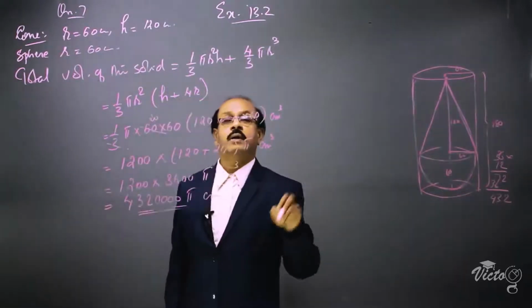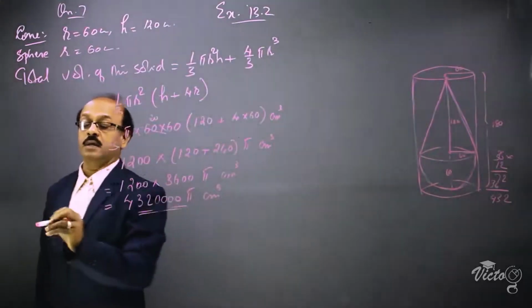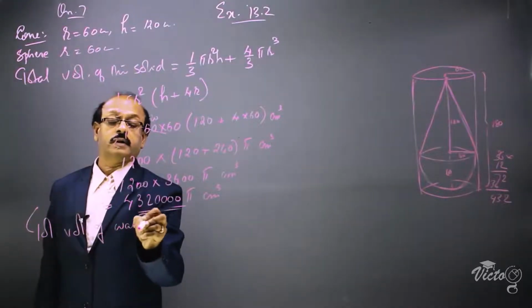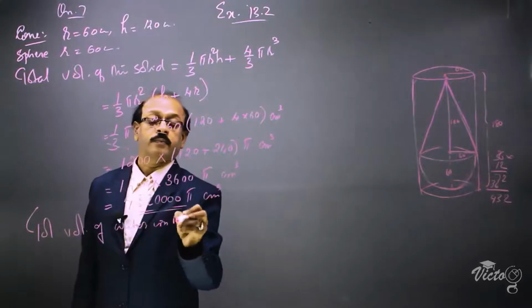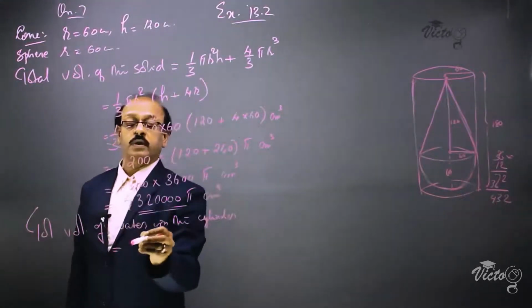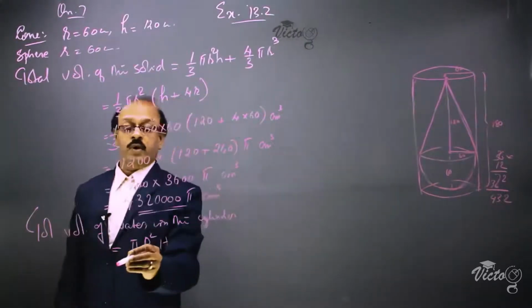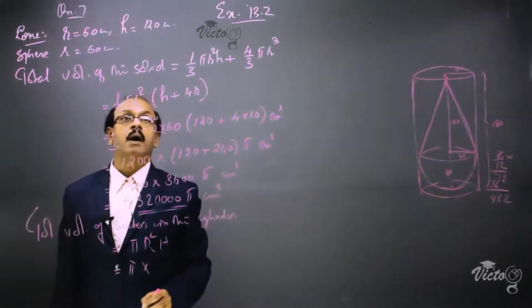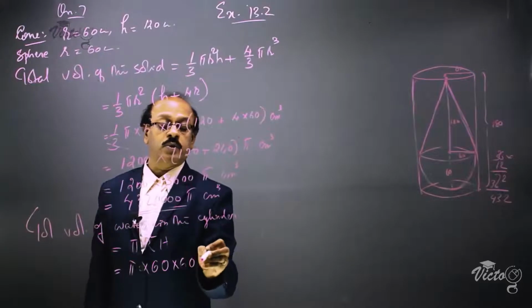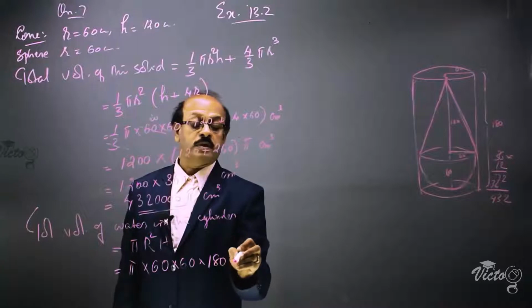Now we have to find out the total volume of water in the cylinder. Formula is pi R square H. We can take capital R and capital H here, giving values: pi into capital R, capital R is also 60, now 60 into 60 into H, capital H is equal to 180 centimeter cube.